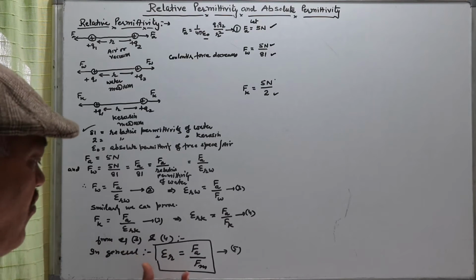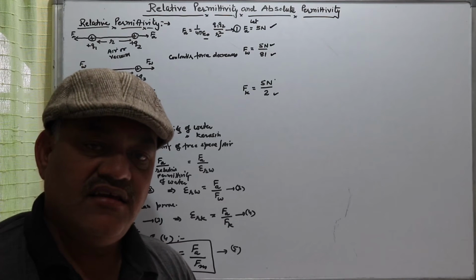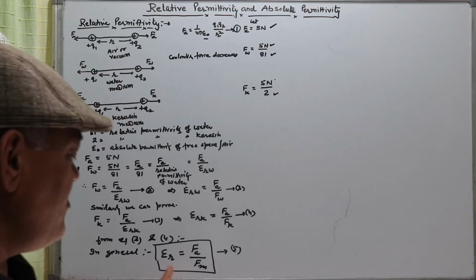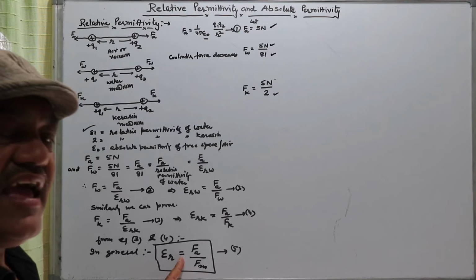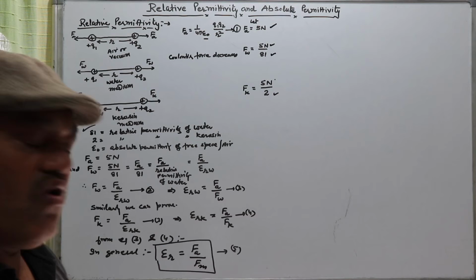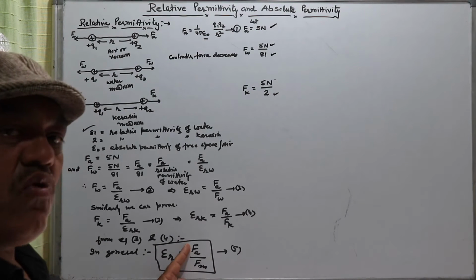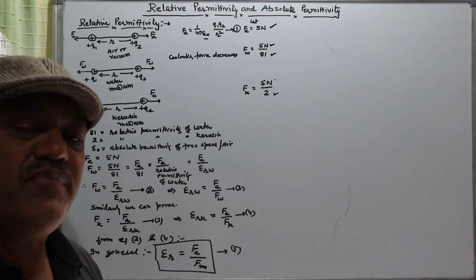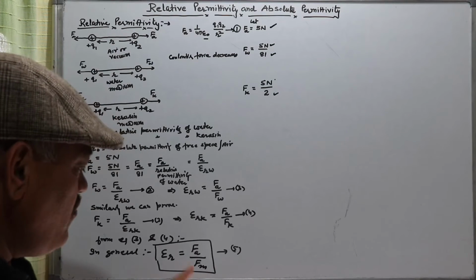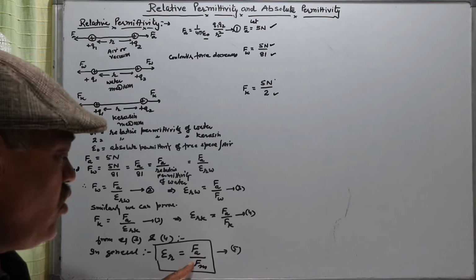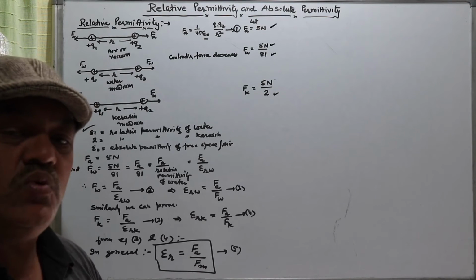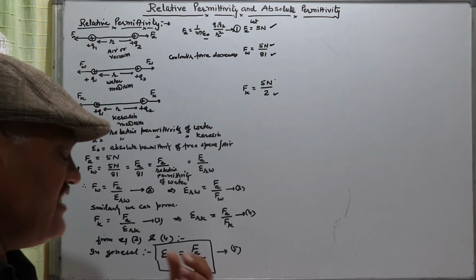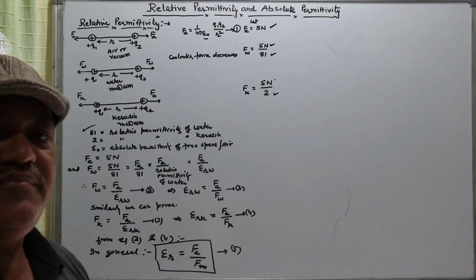Hence we can define the relative permittivity of a medium as the ratio of the Coulomb's force between two stationary point charges when placed in air or vacuum to the Coulomb's force between the same two stationary point charges placed at the same distance in some medium.